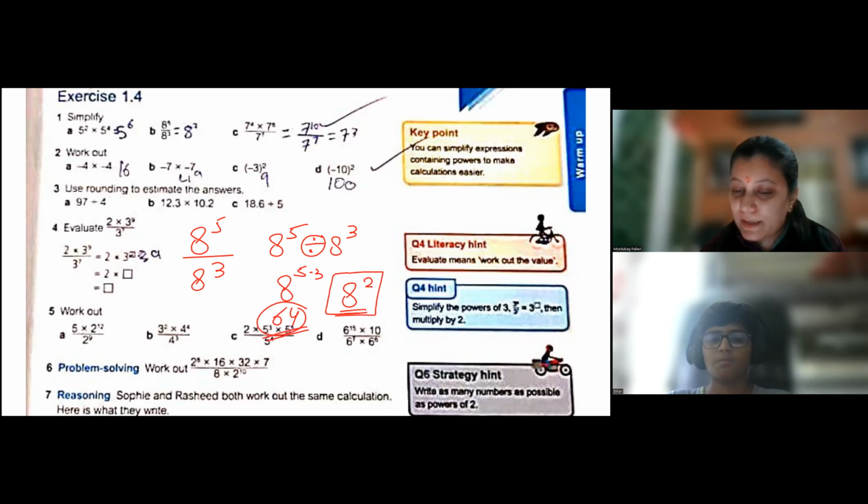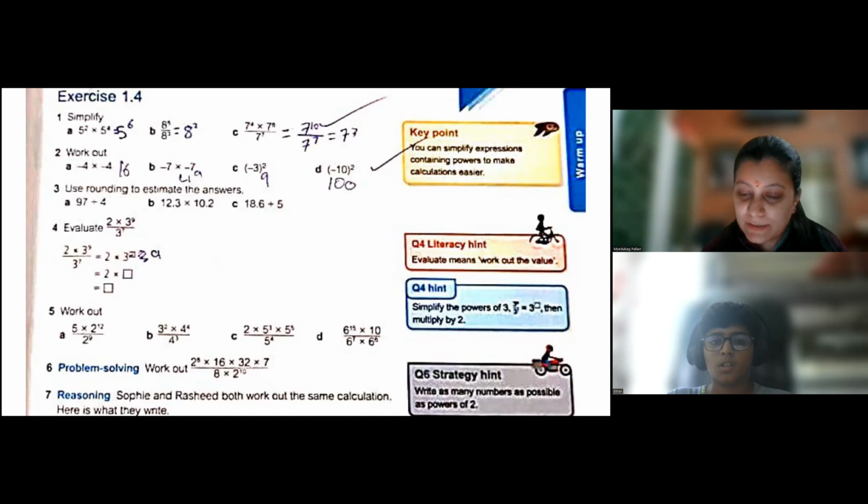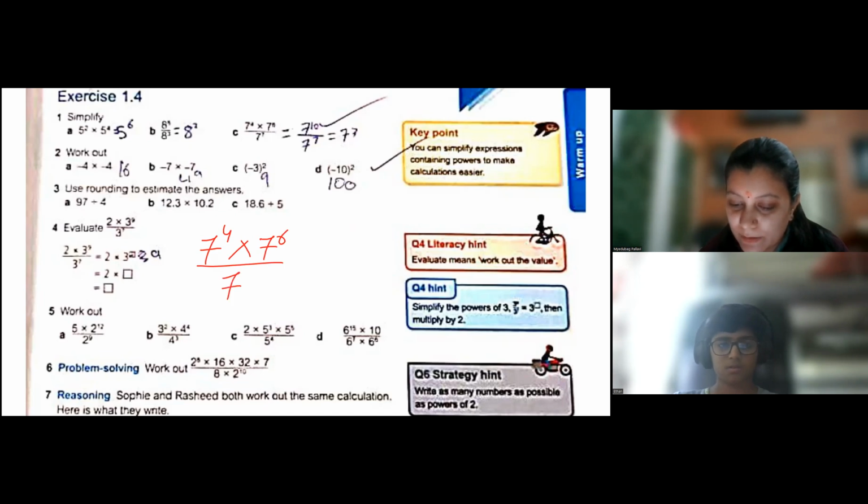Yes. Then the next one, C part, 7 to the power 4 multiplied by 7 to the power 6, and in the denominator we have 7 to the power 7. So what will we get?